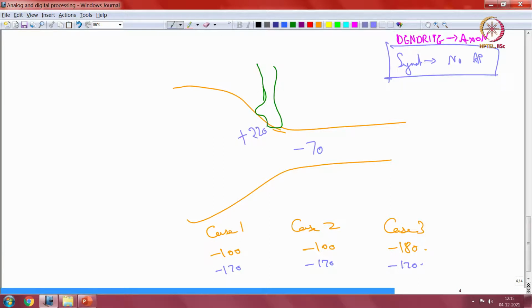So, what happens? See, all 3 signals produce a change in voltage beyond minus 55, and that in turn produces an action potential.